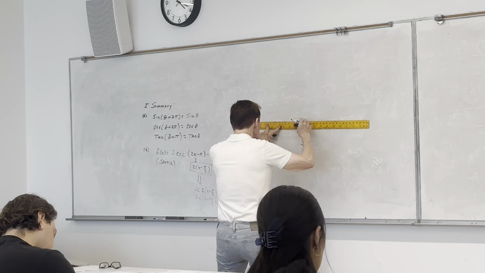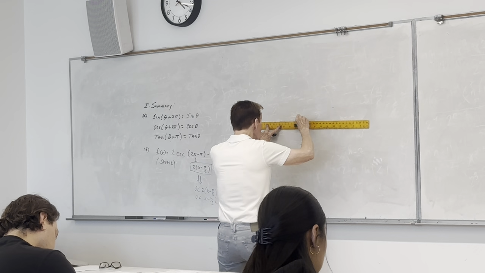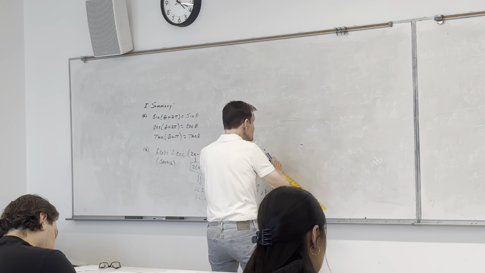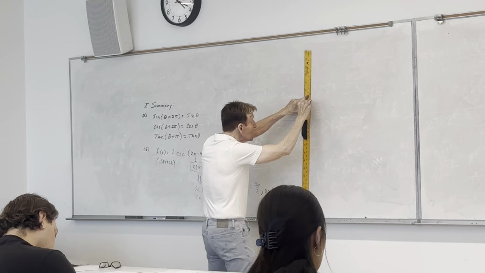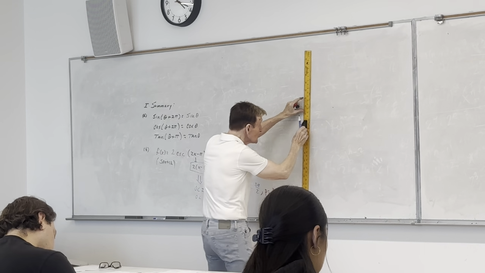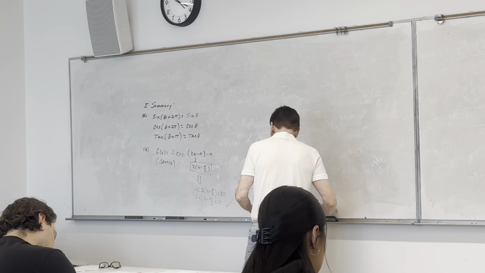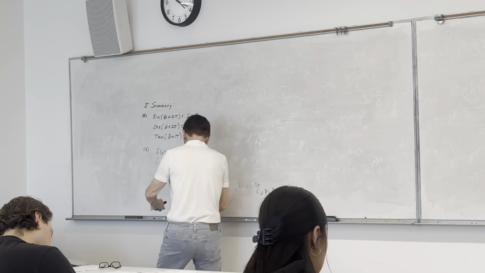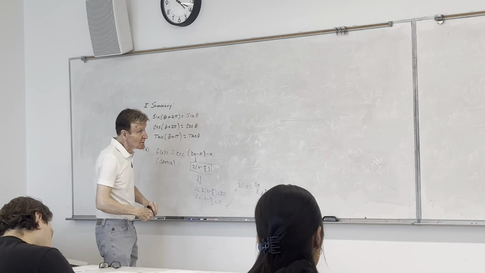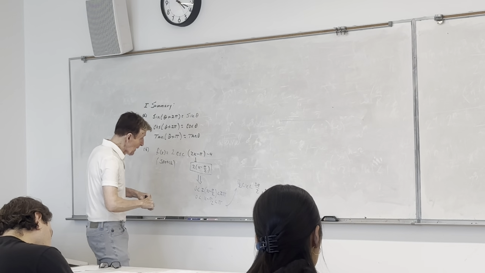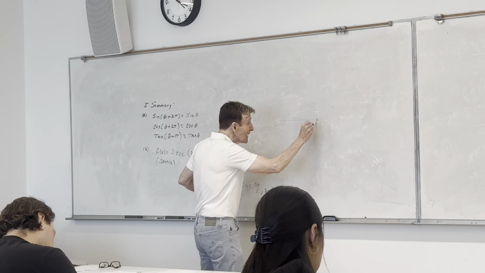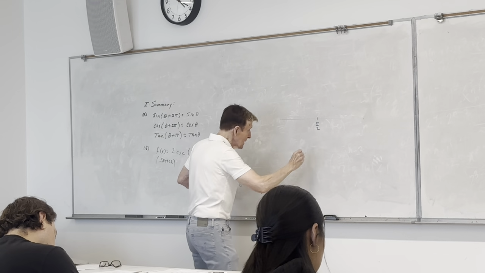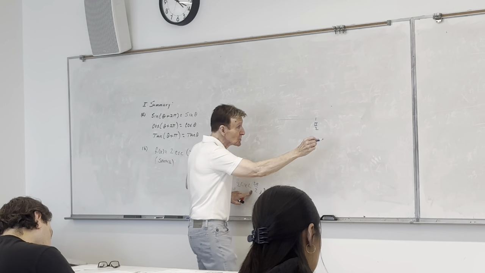On the grid here. My graph is supposed to start at pi over 2, we think, and end at 3 pi over 2.